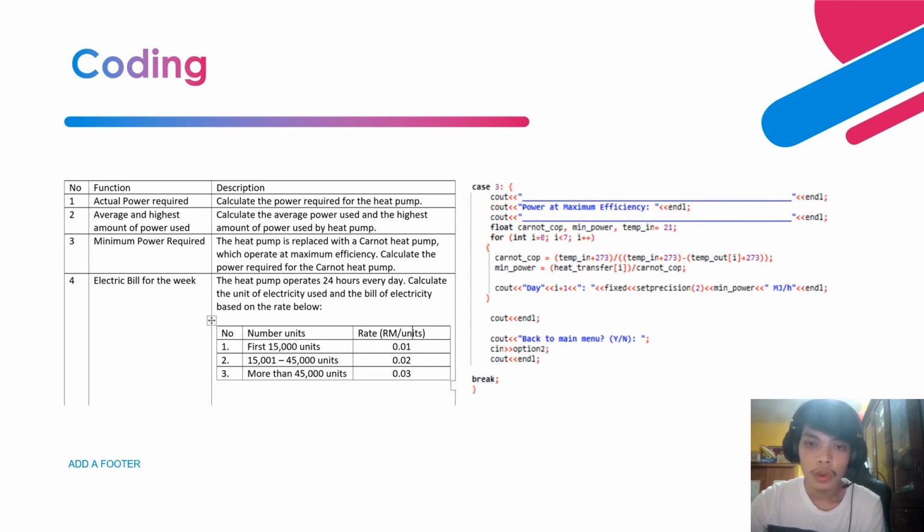So we do for loop. Initially I equal to 0. When the condition is I less than 7, they will perform this calculation, and then they will print the output, which is the day and the minimum power, and the loop will run until the condition is I equal to 7.